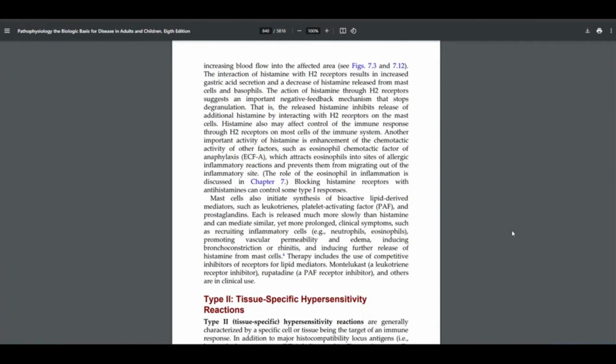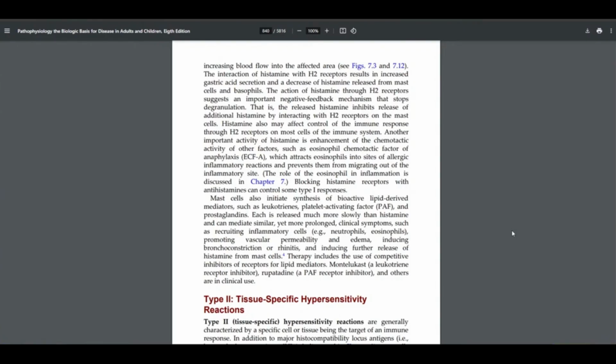Mast cells also initiate synthesis of bioactive lipid-derived mediators such as leukotrienes, platelet-activating factor (PAF), and prostaglandins. Each is released much more slowly than histamine and can mediate similar yet more prolonged clinical symptoms, such as recruiting inflammatory cells, or neutrophils and eosinophils, promoting vascular permeability and edema, inducing bronchoconstriction or rhinitis, and inducing further release of histamine from mast cells.